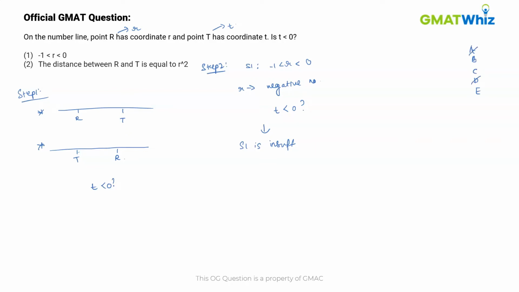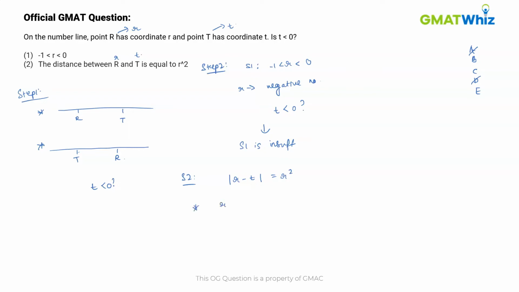We now check the sufficiency of statement 2. In statement 2 we have that the distance between r and t is equal to the square of r. That means modulus of r minus t will be equal to r squared. Now there are two cases possible here.